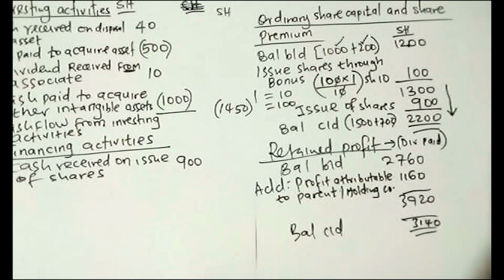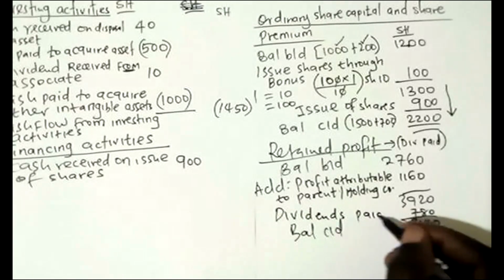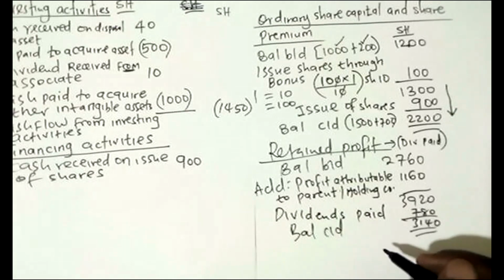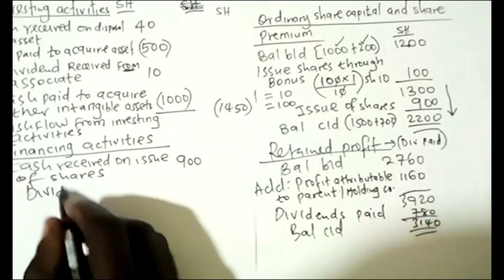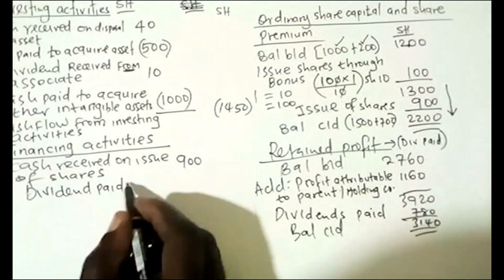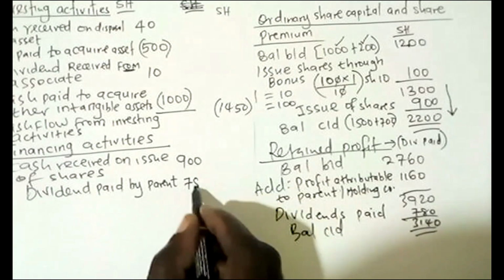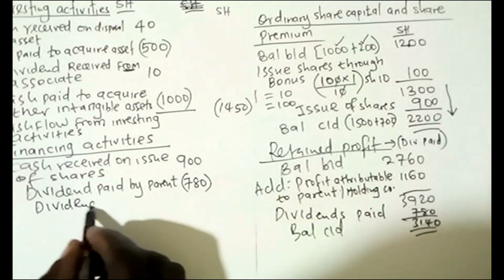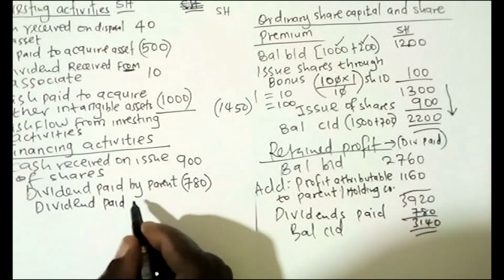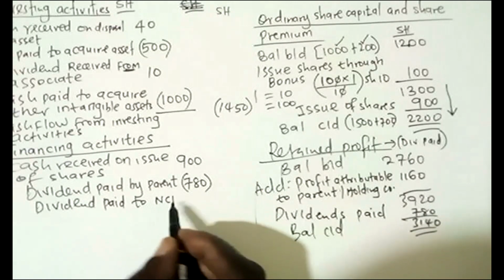So dividends paid by parent, 780. The next we have to look at is dividend paid to NCI. You know what an NCI is? Minority shareholders, that is dividends paid to NCI.